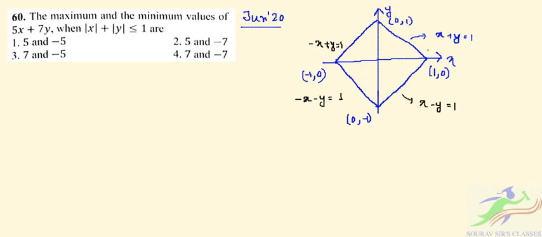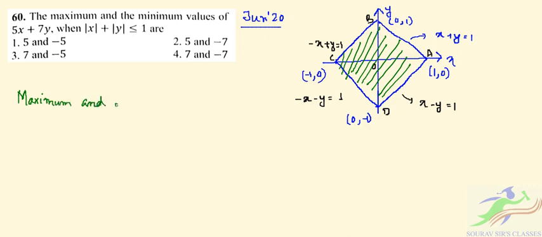So we have these 4 points A, B, C, D, and this is the origin. Now this is the region that we are talking about. So you can see the maximum and minimum occur at the corner points, right?